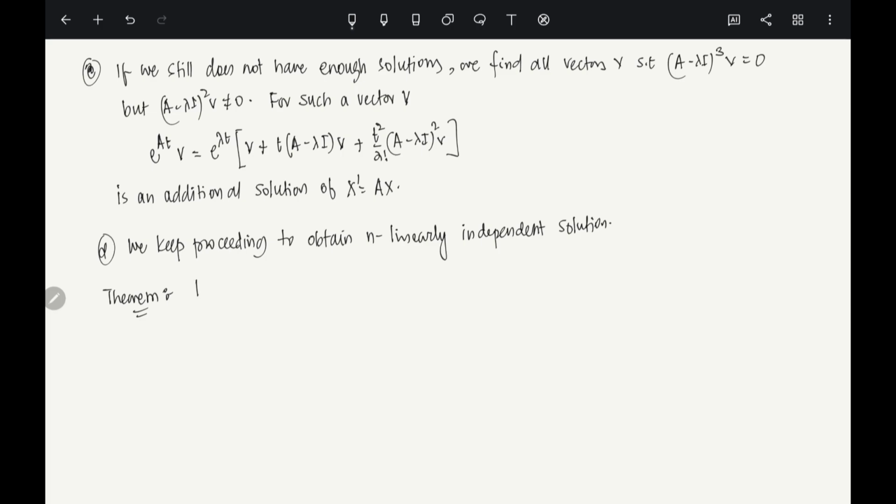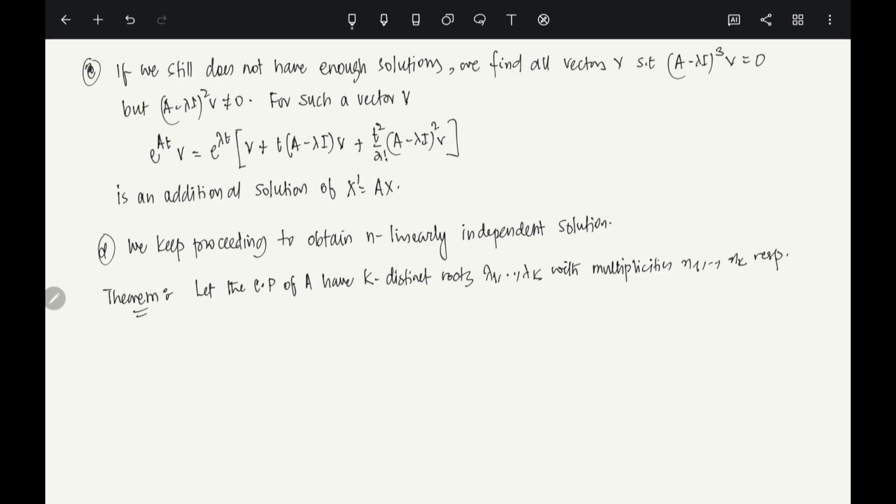Let the characteristic polynomial of A have k distinct roots, lambda 1 to lambda k, with multiplicities n1 to nk respectively.